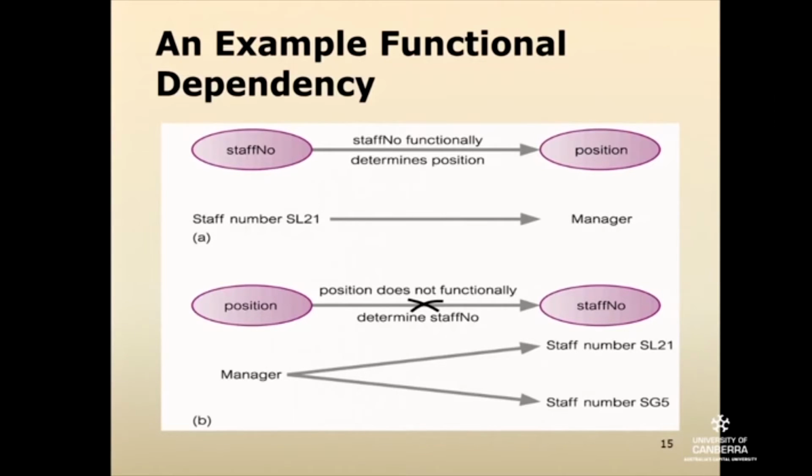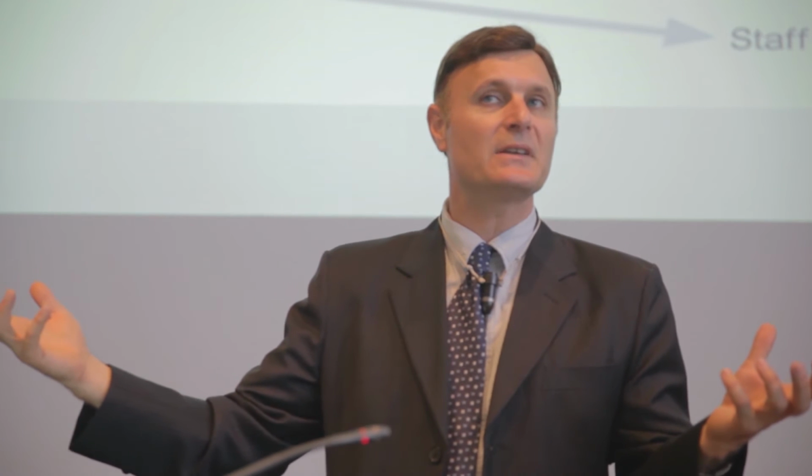So if I give you a staff number, you will be able to tell me exactly the position of that staff, correct? So what we're saying is position is functionally dependent on the staff number. That means knowing the staff number, you can determine the position of that staff. Nothing really complicated.